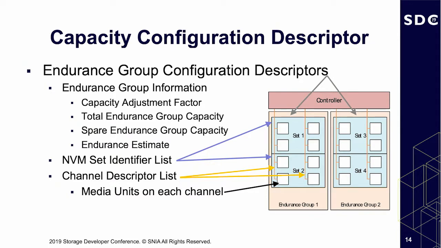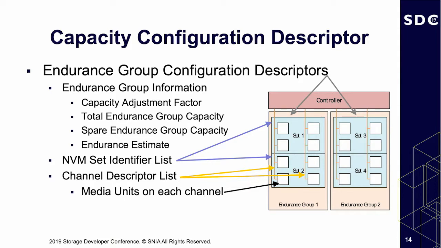The channel descriptor for this NVM set will have an entry for this channel and one for that channel, and then within each channel you'll have a list of media units. For example, this one and this one are attached to this channel in here, and this one and this one to this channel in set number 1. And as you see, it's flexible enough that we can have one channel shared across multiple NVM sets.